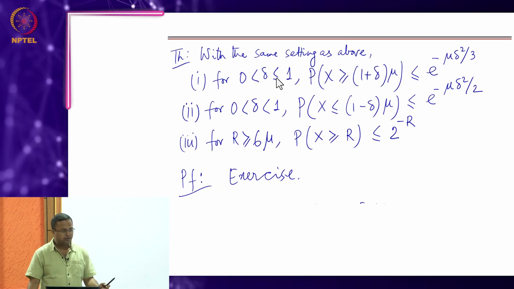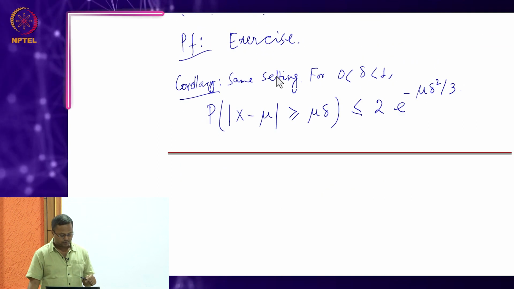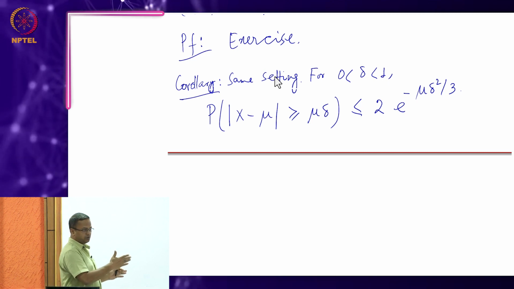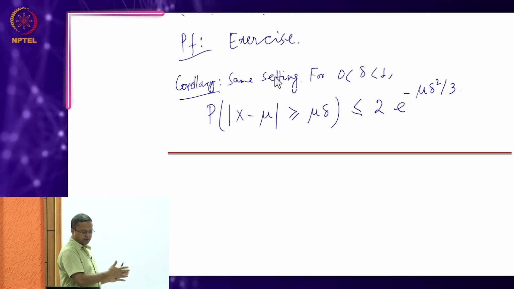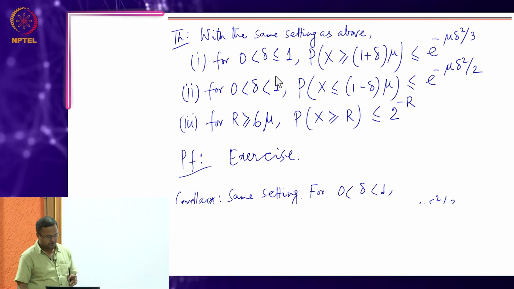Now, this corollary will actually follow the corollary that I wrote. So, it is mod x minus mu greater than equal to mu delta, right. This would actually follow from this 1 and 2.